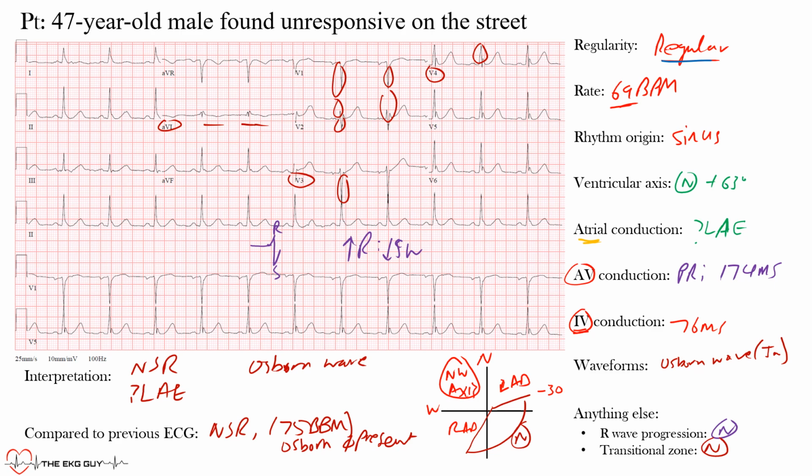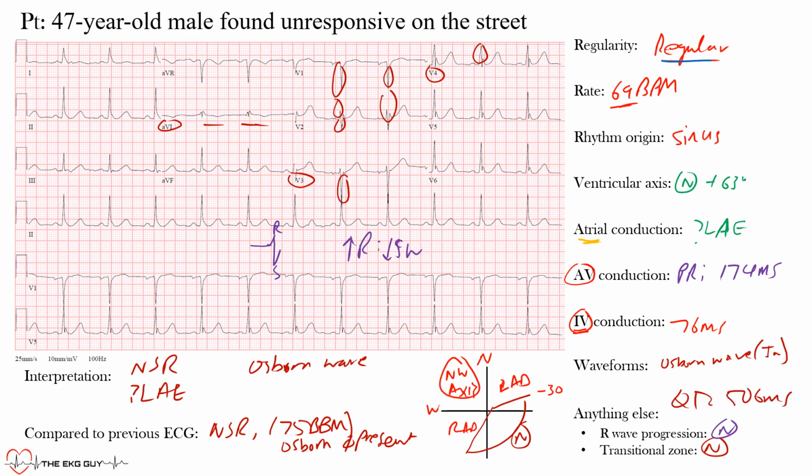There were no ventricular ectopic beats that we can see, or arrhythmias that can come with hypothermia, so that's reassuring. The PR interval is normal, whereas in hypothermia you can see an increase in the PR interval, QRS interval, and QT interval. Actually, one thing to note, which I forgot to mention, is this guy's QTc was 506 milliseconds.